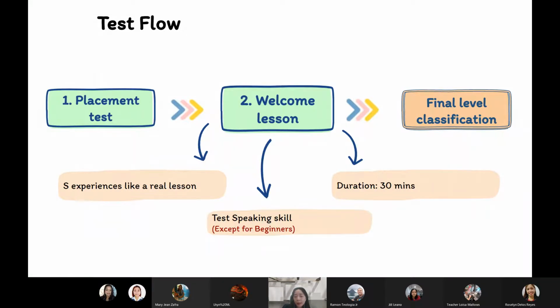So in the welcome lesson, the teacher just needs to test their speaking skill only, except for beginners, because they are newbies and don't know anything about English, so you don't need to test beginners' skills. Just give comments only.